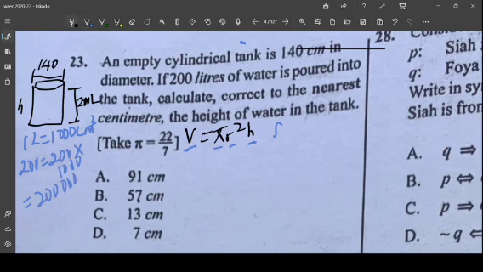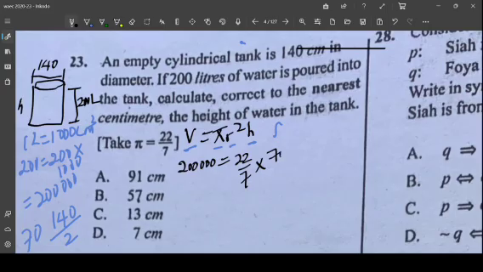So my volume, 200,000 centimeter cube, is equals to pi, which is 22 over 7, times what's my radius? I'm given the diameter as 140, so my radius will simply be 140 over 2, that is diameter divided by 2, which is 70. So I'm going to times it by 70, times the height, which is what I'm looking for.